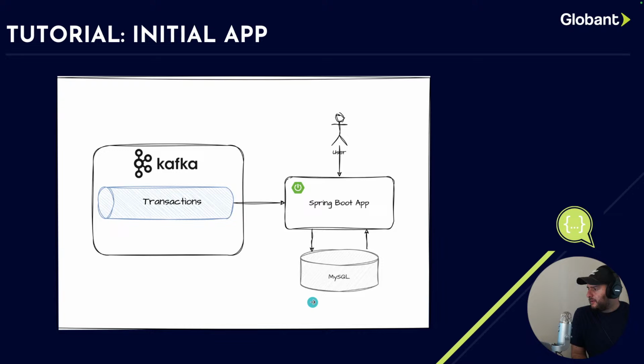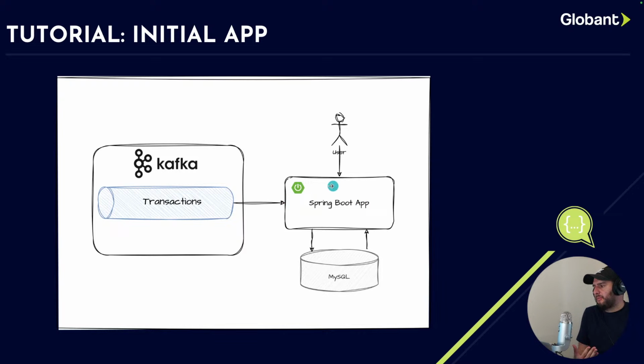All right. So we were talking about how we have Kafka and we have MySQL. In a normal scenario, I would need to install these things in my laptop if I want to run this whole thing. If I want to run this Spring Boot application, I would need to run Kafka, and I would need to run a MySQL instance. So how can I do that?